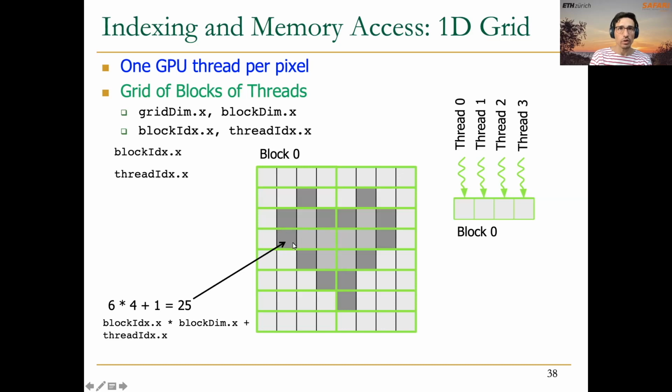And this particular pixel is assigned to thread 1 of block 6. If we want to know the exact memory position that this thread needs to access, we have to compute this address by using the block index, the block dimension, which in this case is 4, and the thread index inside the thread block. And here it's address, or element, 25.